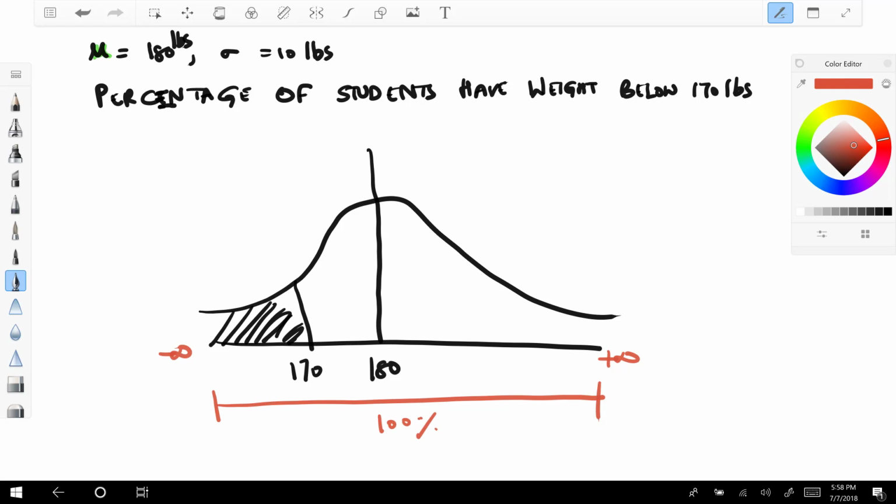That means half of it, this whole area, would be 50%.